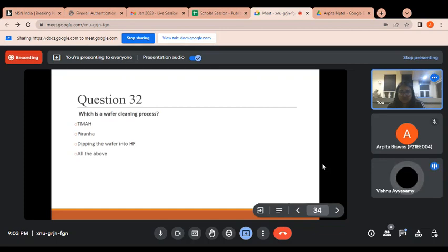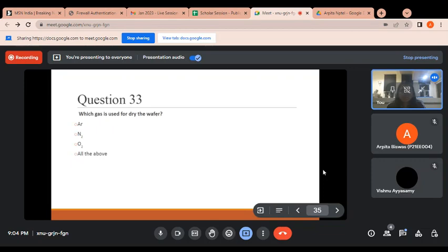Piranha is a wafer cleaning process, and dipping the wafer into HF removes the native oxide layer. If we put the device outside in the open environment, a native oxide is generated, no? So we remove this native oxide by dipping the wafer into the HF solution. So only the Piranha process is the wafer cleaning process, right? Yes, ma'am. Okay.